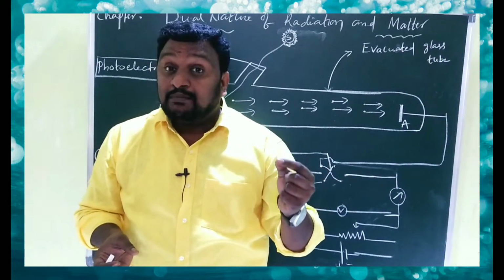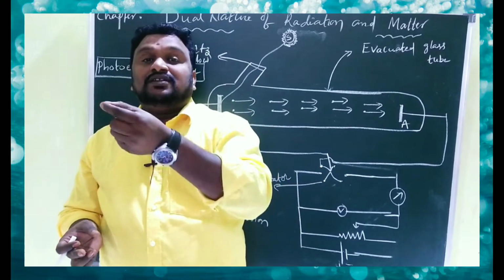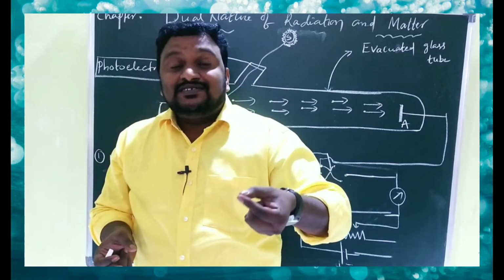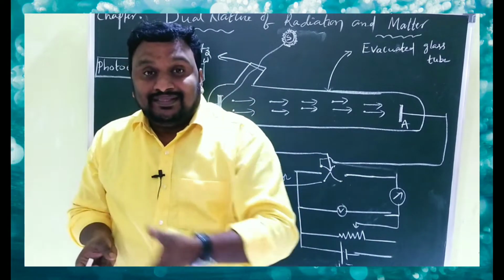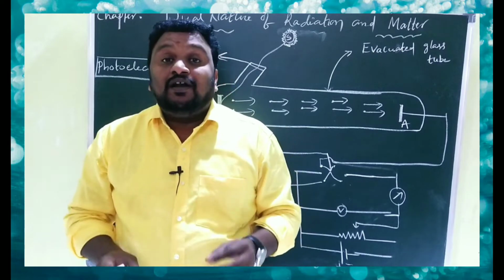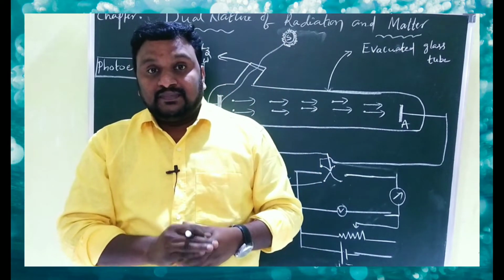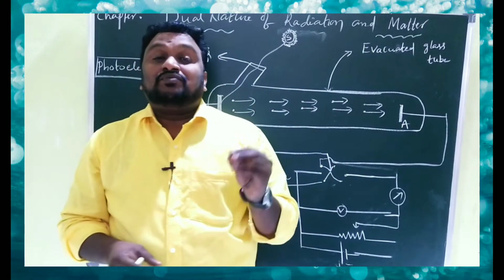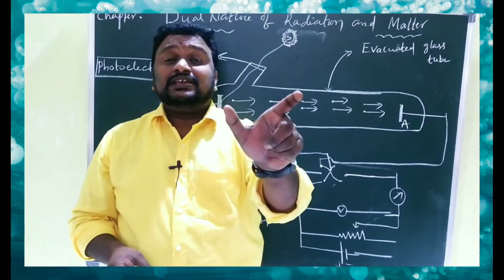When a certain amount of light energy is incident on the metal surface, then the electrons are liberated and they can be moved. Then that process we call photoelectric current or photoelectric process, and those electrons are called photoelectrons. So this is simply about the photoelectric current.